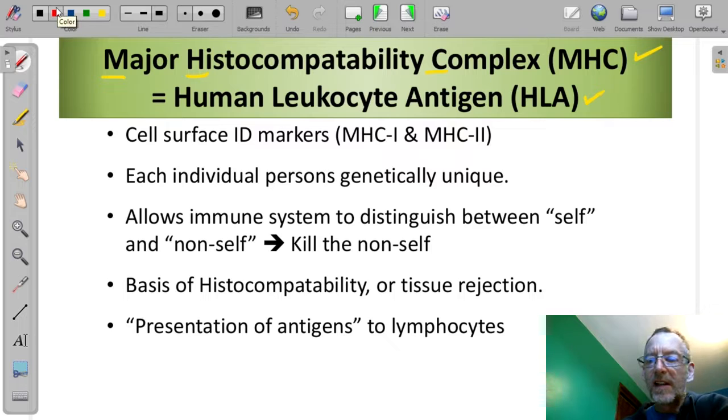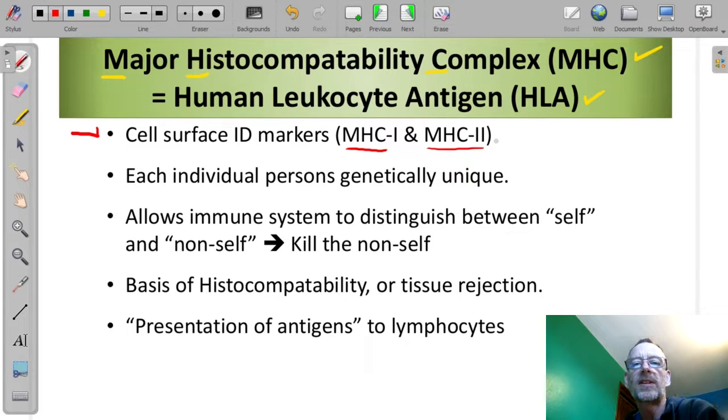This is a series of proteins on the cell surface. So there's lots of different proteins on cell surfaces. This complex of proteins serves as identification markers, both the MHC1 and the MHC2, those two classes.